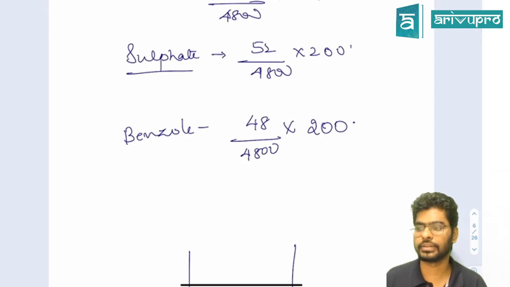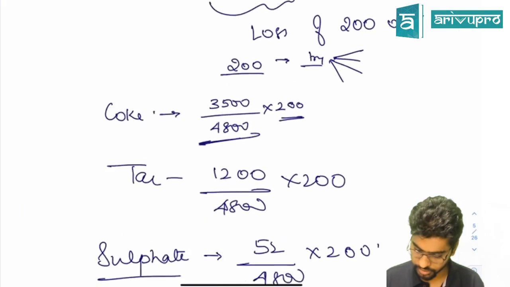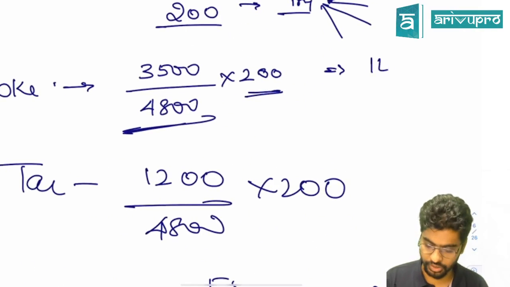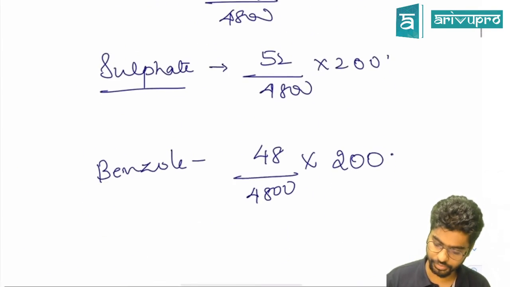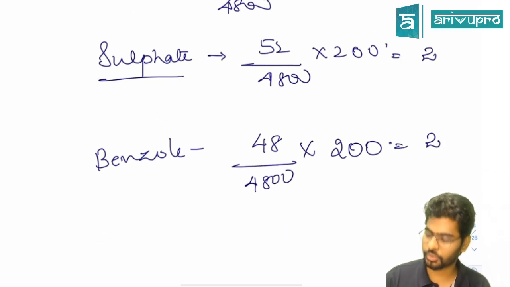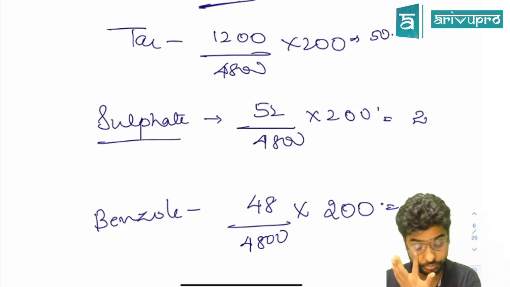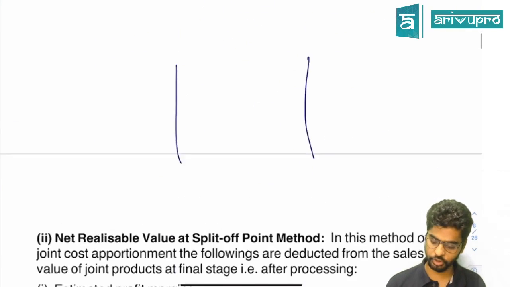Yes or no? So how much does each of them come to? First one comes to around 146, second one 50, third one 2, and the last one 2. So my loss of 200, because at the end of the day, I know my input and output should match.